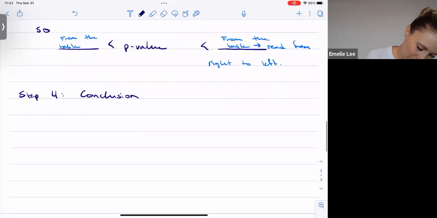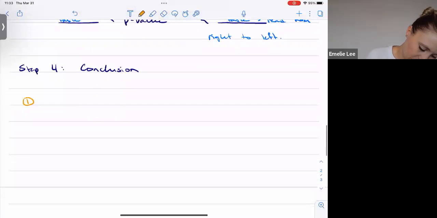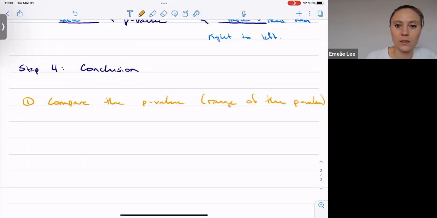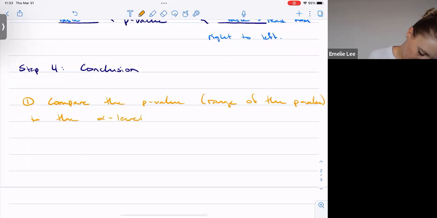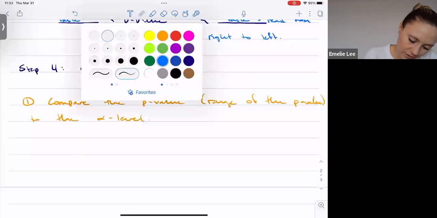So the first part of your conclusion is to compare the p-value, or in this case the range of the p-value, to the alpha level. Is it less than the alpha level or not less than the alpha level?